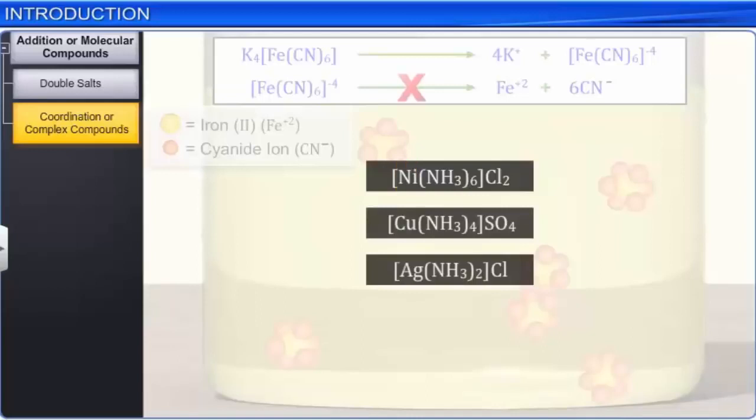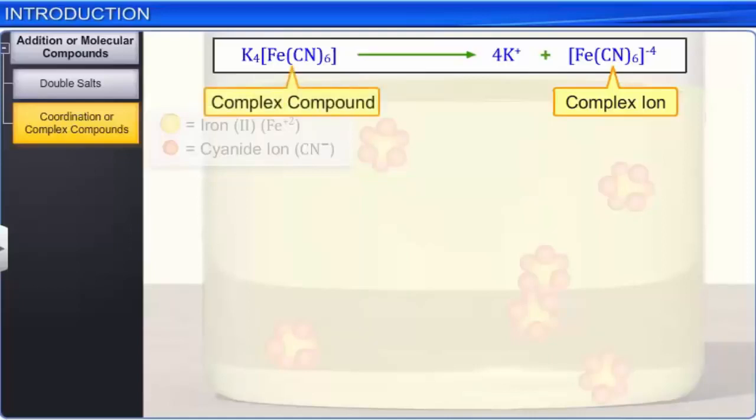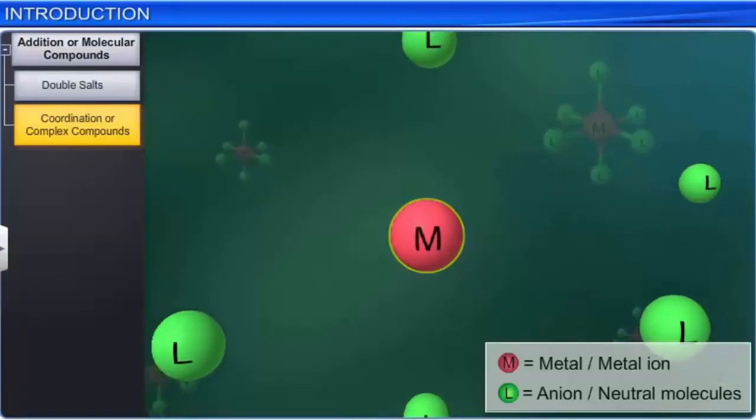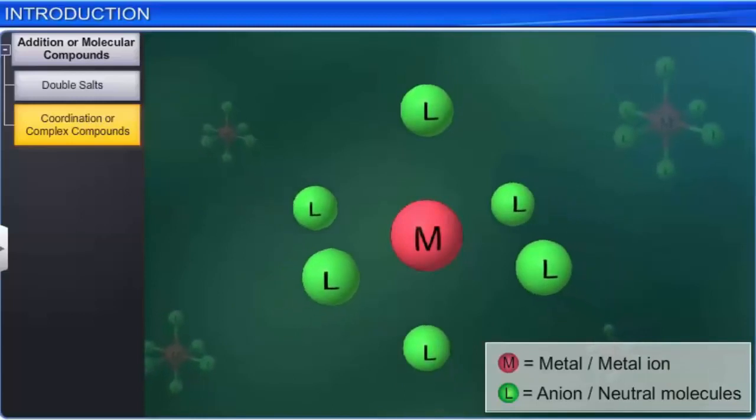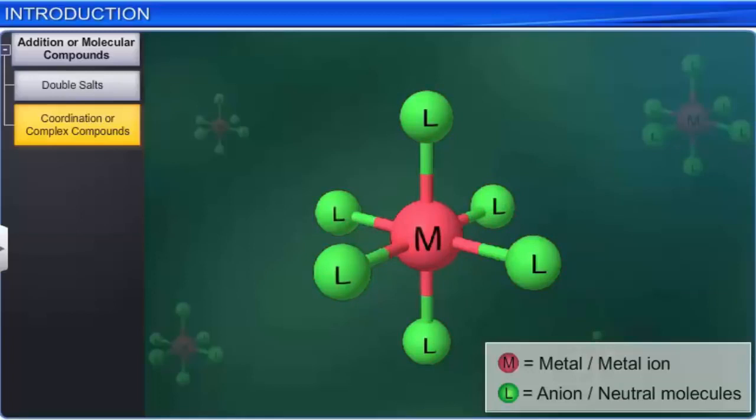Compounds that have complex ions are called complex compounds, as the central metal ion in the complex ion forms dative or coordinate covalent bonds with the species surrounding it. Complex ions are also known as coordinate ions, and hence the corresponding compounds as coordinate compounds.